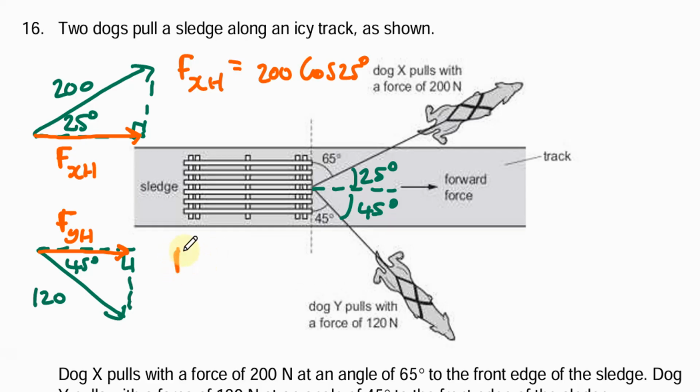Then Fyh will be 120 cos 45. Now note that both these horizontal components act to the right. So to get the resultant of them, we need to add these two values. So the resultant forward force will be the sum of these two.